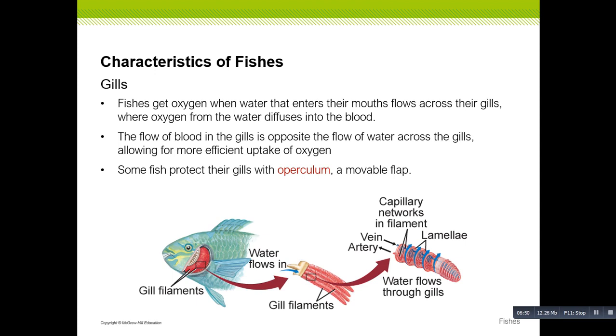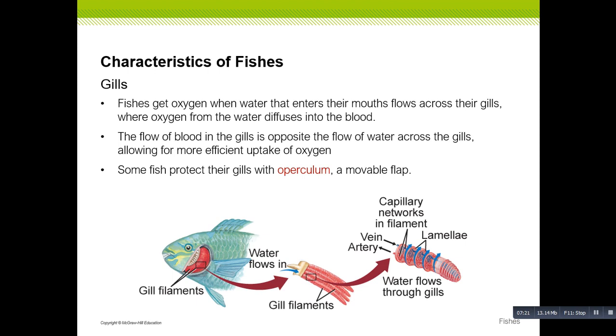Basically, the flow of the blood in the gills is flowing in the opposite direction of the water moving across the gills. So the flow of the blood goes one direction over the gills, the water goes another direction, and what this does is it increases the rate of diffusion and allows for a more efficient uptake of oxygen.